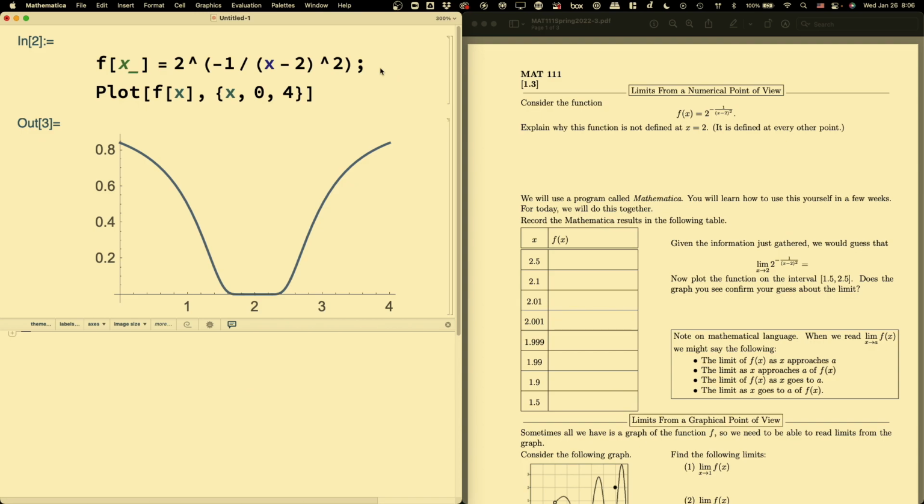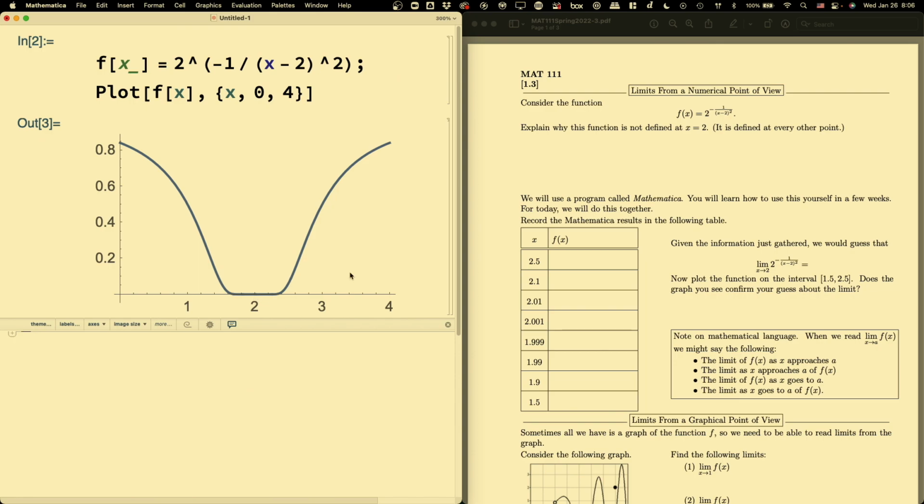All right, so just looking at the graph, what do you think the y values are approaching as the x values approach 2? 0 seem reasonable? Okay, and that is in fact what it is, which we won't be able to necessarily prove today, but we can at least get some strong evidence for it.